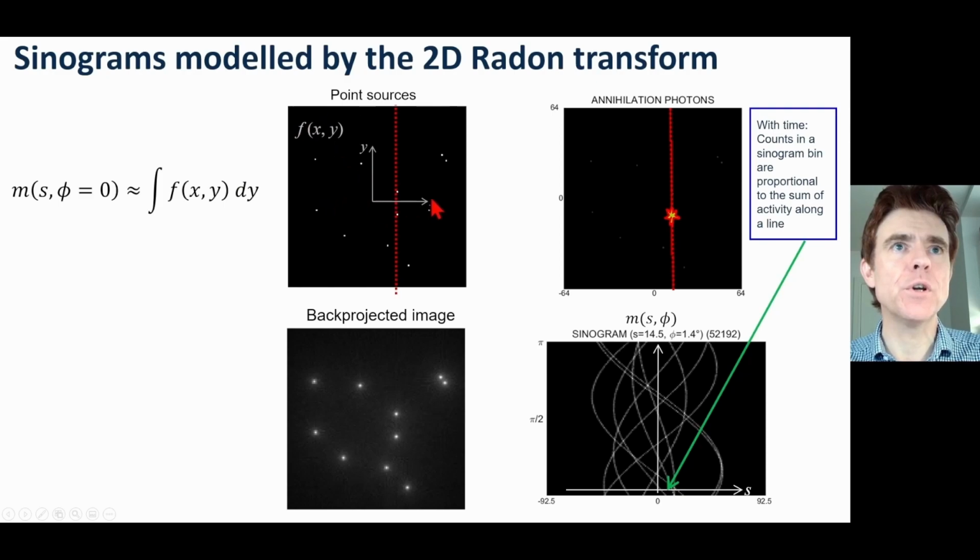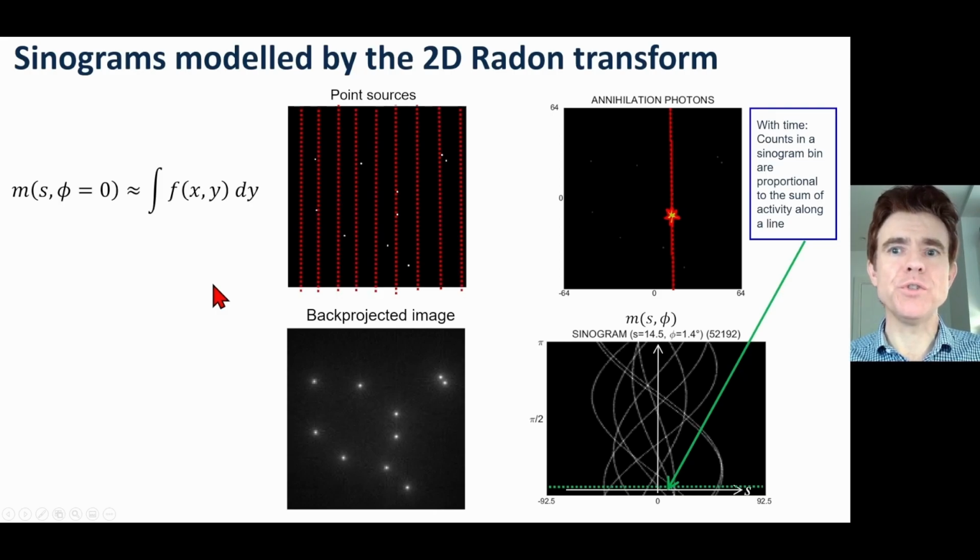So here's f of xy. Then we look at the position x here, and we're just going to integrate along the y direction, just going to sum that function. And so here, s actually matches x if we are considering phi is equal to 0. And we're just summing the function along that line.